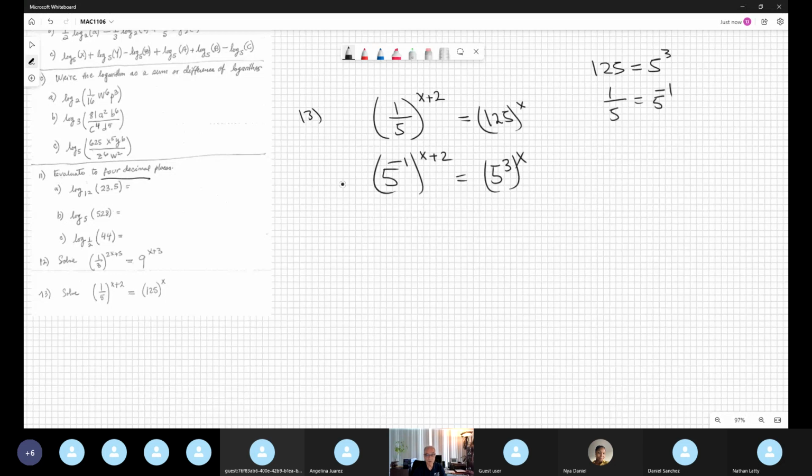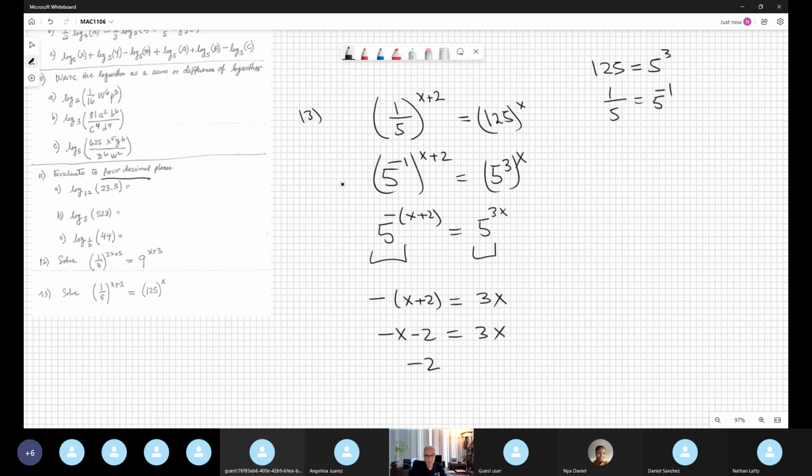Now multiplication of the exponents: we have 5 raised to minus (x plus 2) equal to 5 raised to the 3x. Again, we have two exponentials with the same base, therefore the exponents are the same. Minus (x plus 2): be careful with the signs, it's important. You apply the distributive property: minus x minus 2 is equal to 3x.